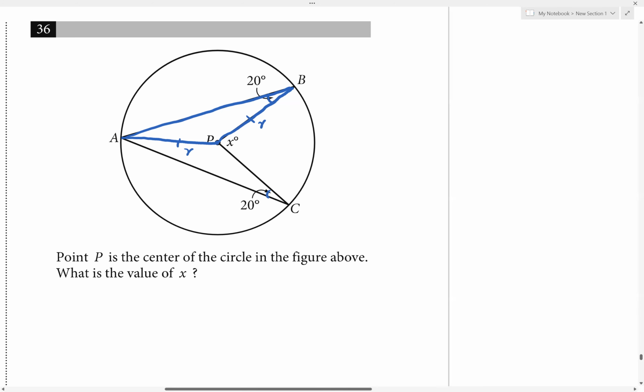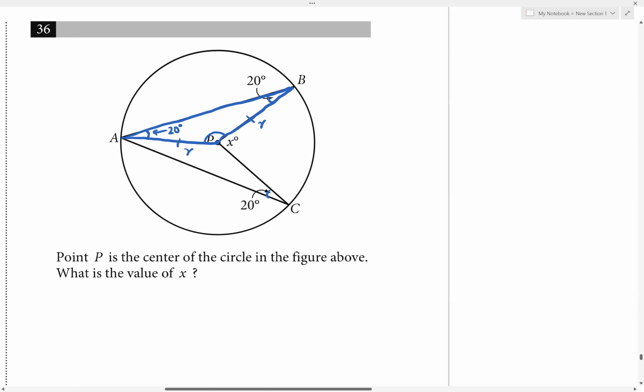So you know this angle here is 20 degrees. Then this angle right here should be the same. This is also 20 degrees because we have an isosceles triangle. The two base angles are always equal to each other. Which means we can solve for this angle, because in a triangle the three angles add up to 180 degrees.